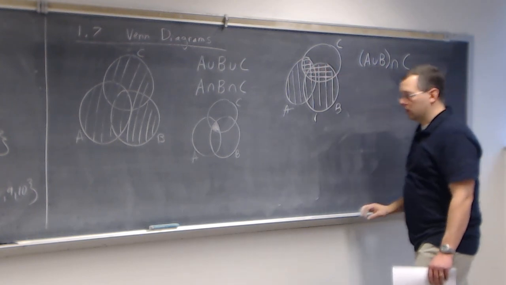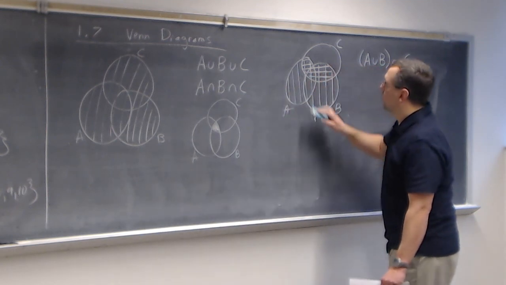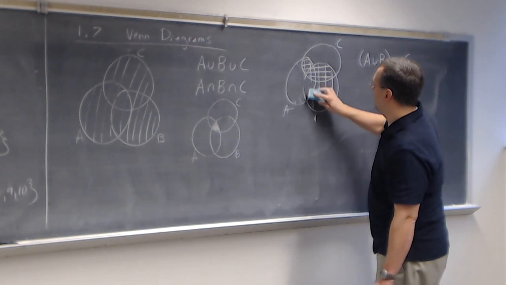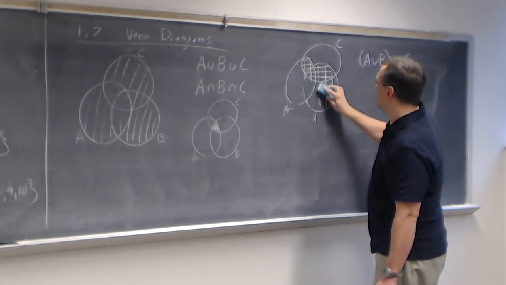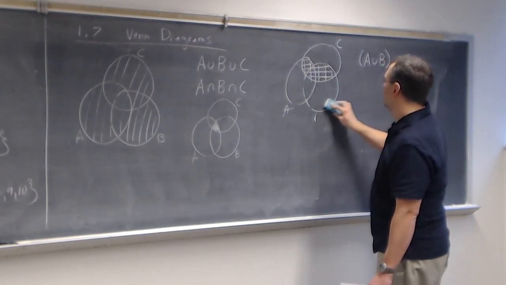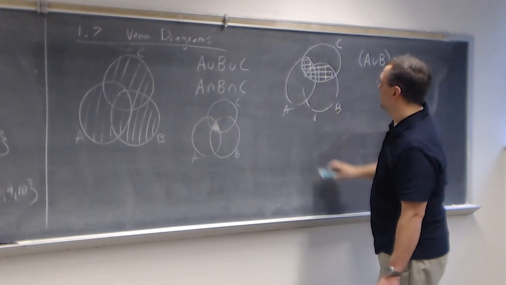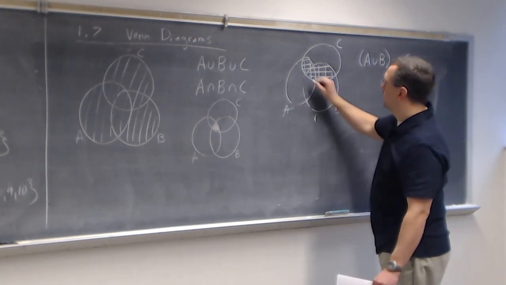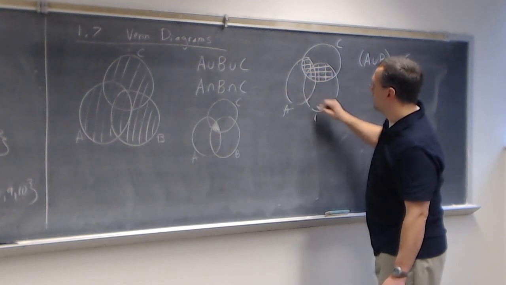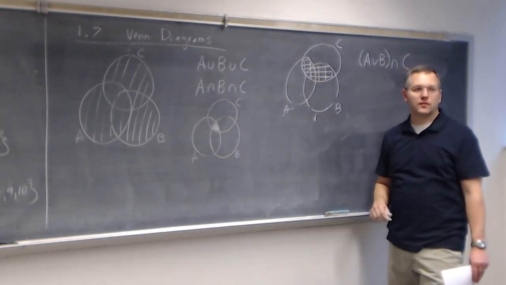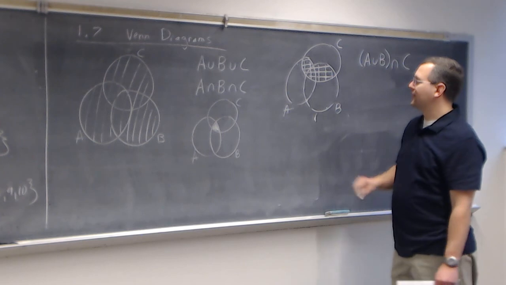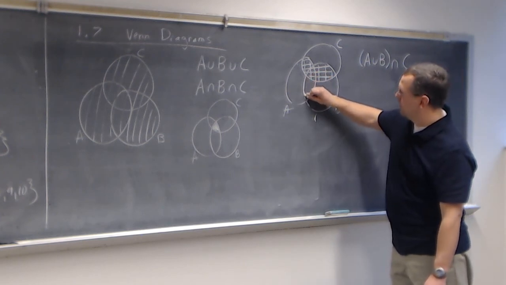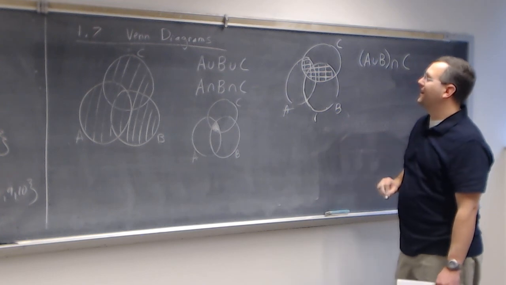So I'm going to erase now. That would be the same as A intersect C plus B intersect C minus A intersect B intersect C. What is this plus talk about? I don't have A plus B. I mean union. Yeah.